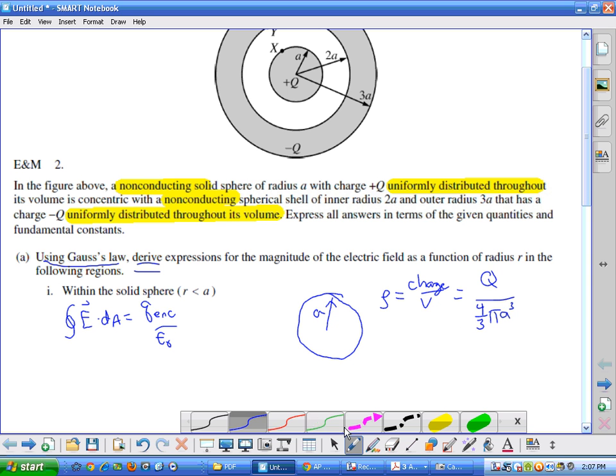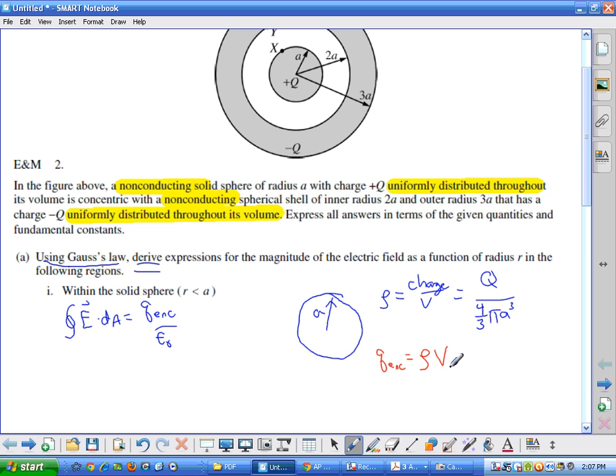Now the enclosed charge is going to be the charge per volume times the volume of the Gaussian surface that we have. When we're inside the sphere, we're going to have a Gaussian sphere of radius r. Again, r is our variable. We're looking at the electric field as a function of r, and r is less than a.